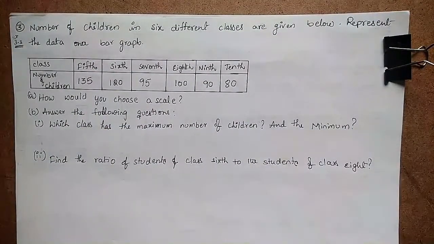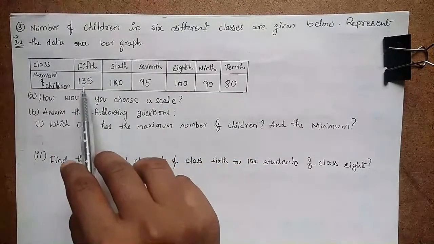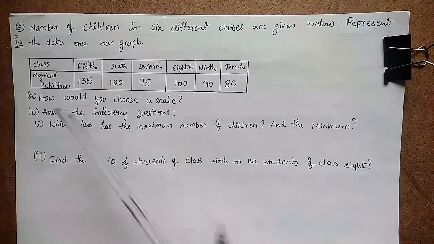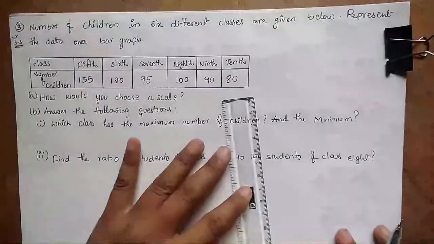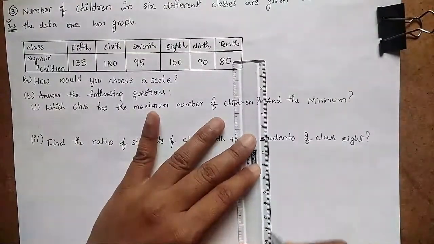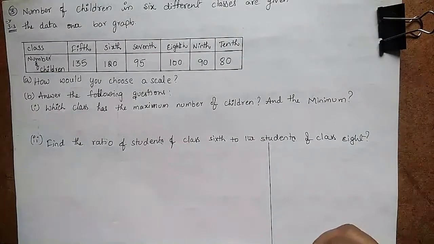Before going into the bar graph, we have to decide how much scale we are using for the bar graph. See here, the highest amount is 135, so we have to take the scale up to 140. Take the scale with the help of a ruler, and mark on the x-axis like this.